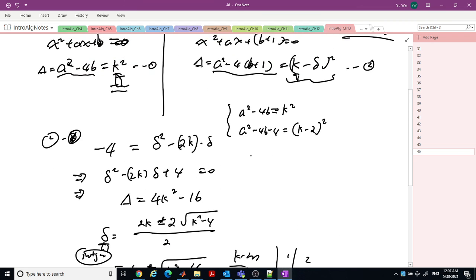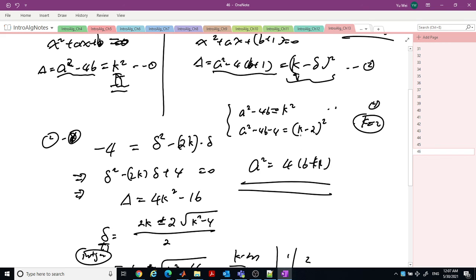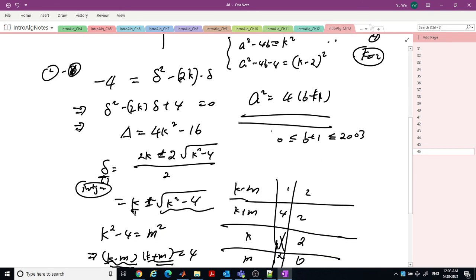So k equals 2 means a squared is equal to 4 times (b plus 1), right? Okay, and then we know the range of b, right? So b plus 1 is greater than or equal to 1 and less than or equal to 2003.